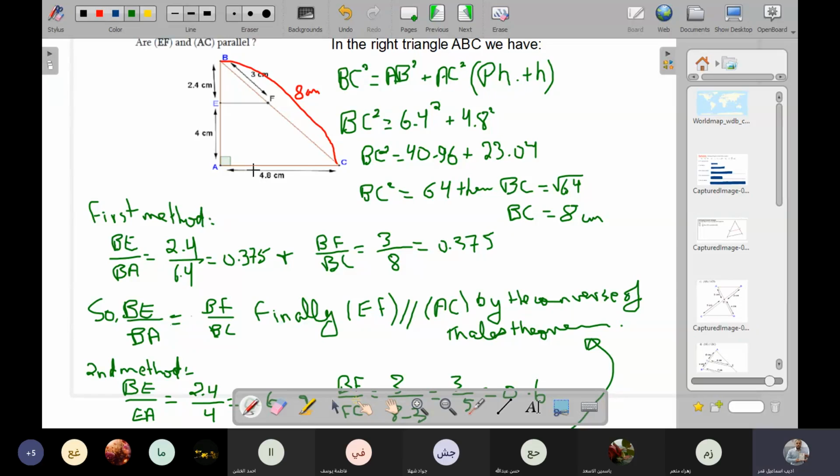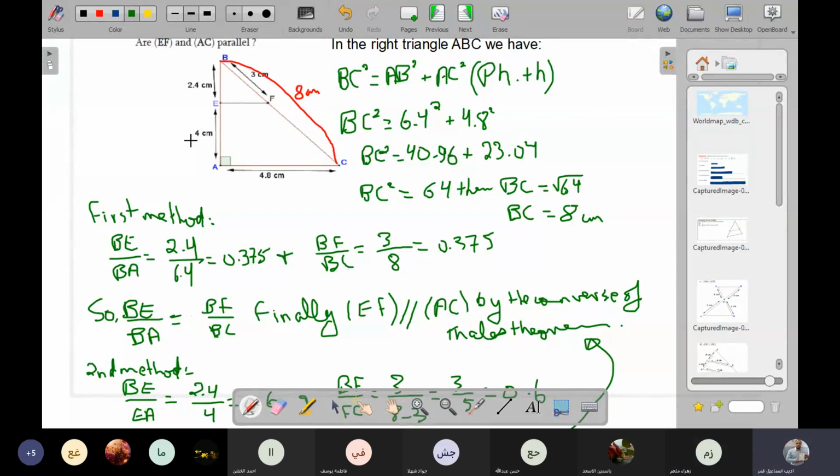Who can give me other ratios we can take? So we took two: BE over EA equal BF over FC, the second method. And the first method, BE over BA equal BF over BC. This was the first method. Who can tell me what other ratios we can take?